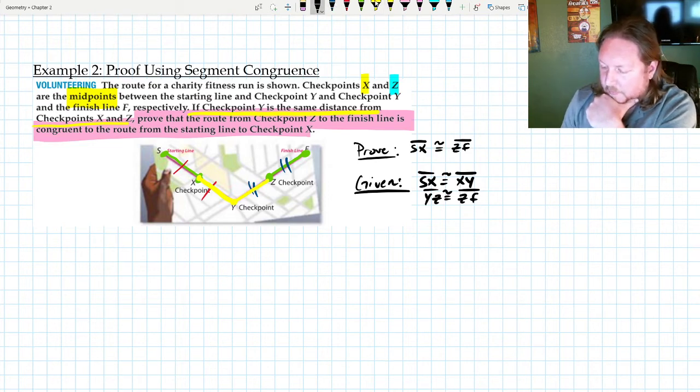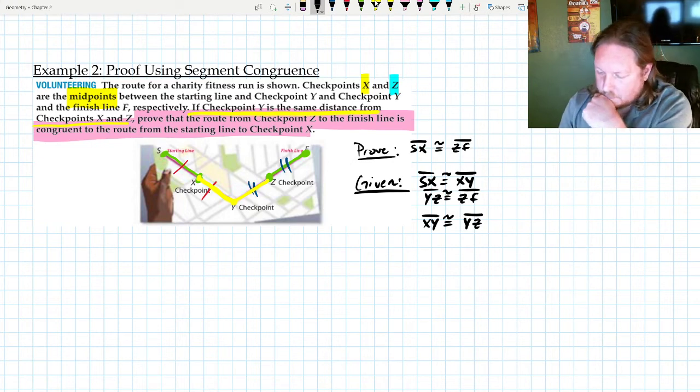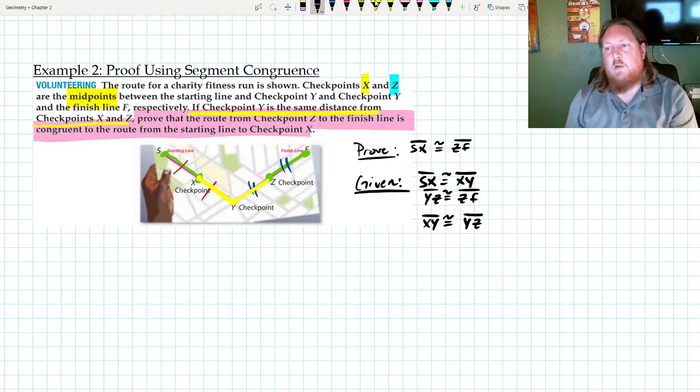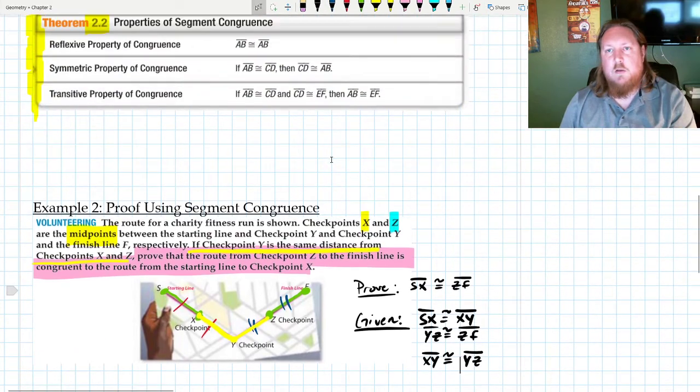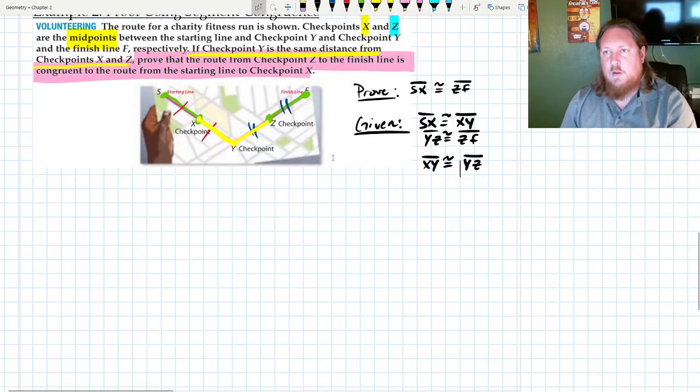So we say XY is congruent to YZ. All right. Now, we've got all these givens. We know what we're going to try to prove. We're probably going to be using these properties of segment congruence here. Let's set it all up.